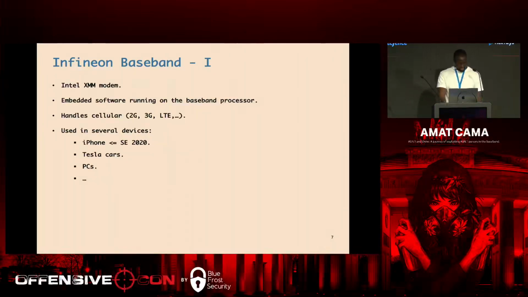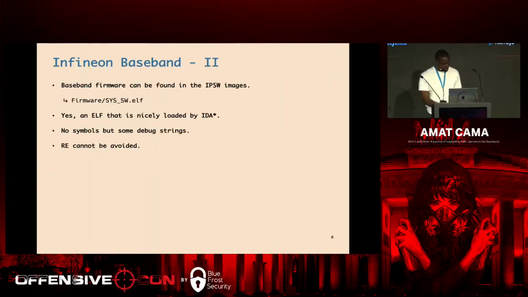The baseband firmware for the Intel Infineon can be found in the IPSW images. When you unpack them, you'll find it in firmware/sys_SW.elf. And yes, it is an ELF that you can just load in IDA, which is pretty rare when you're doing research on firmware like this.